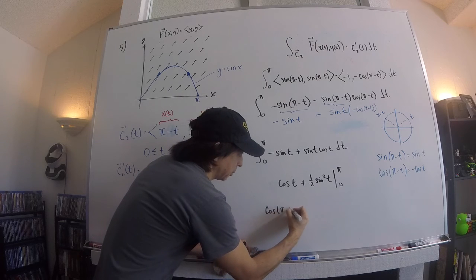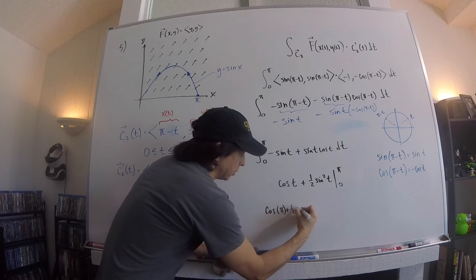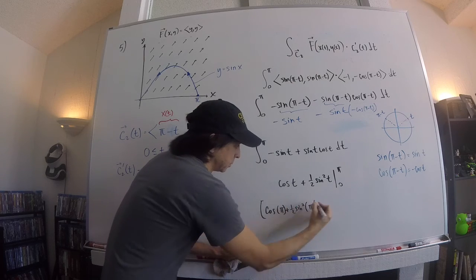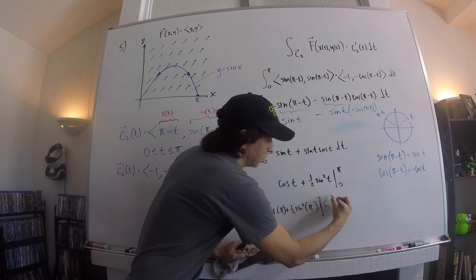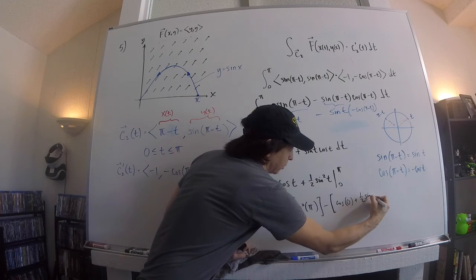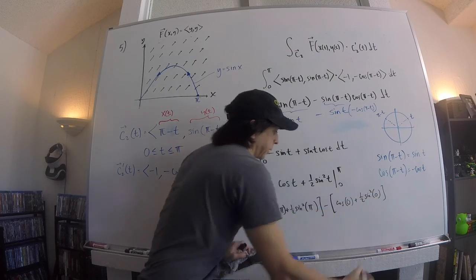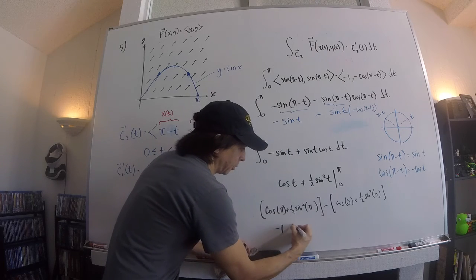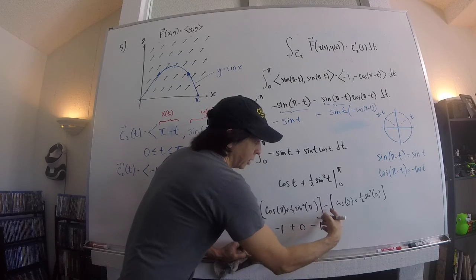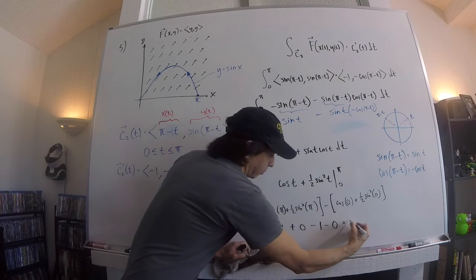Cosine of pi plus 1/2 sine squared pi, minus cosine of 0 plus 1/2 sine squared 0. That's -1, that's 0, that's positive 1, but it's minus that, minus 0. -2.